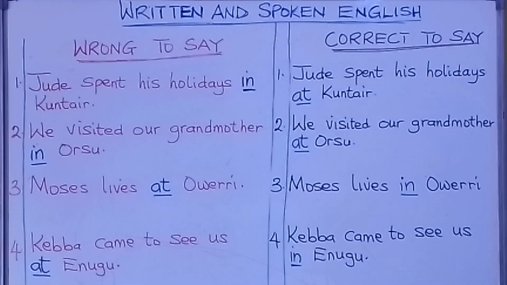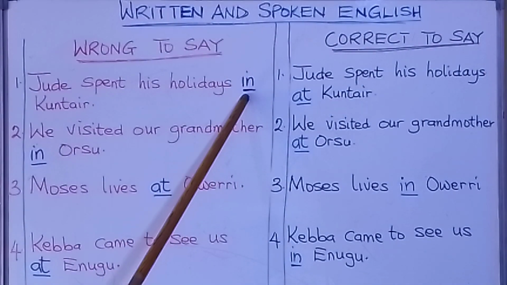Now, listen. In is generally used before the names of large cities and countries, or before the name of the place in which one is at the time of speaking. Let me say that again. We use in when you are talking about names of countries and large cities.